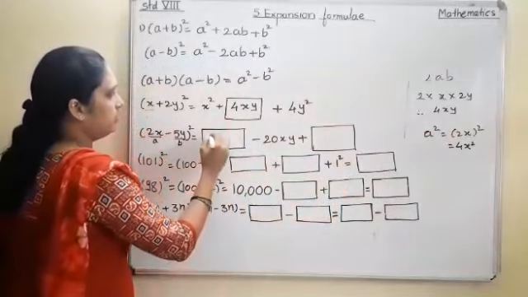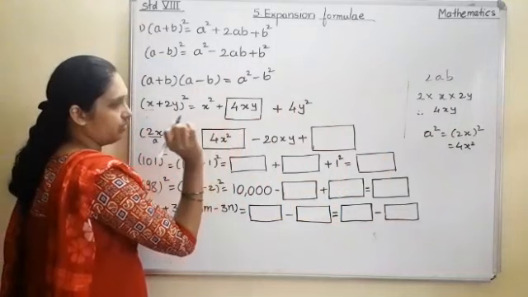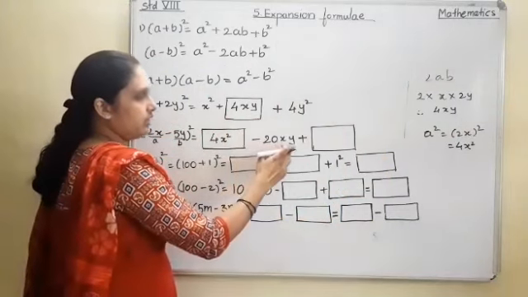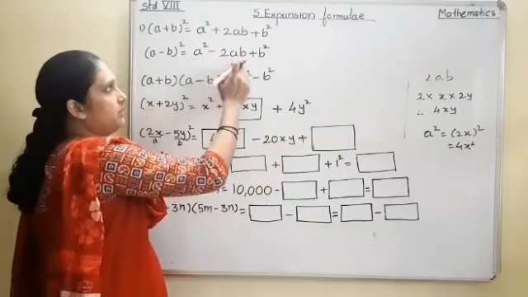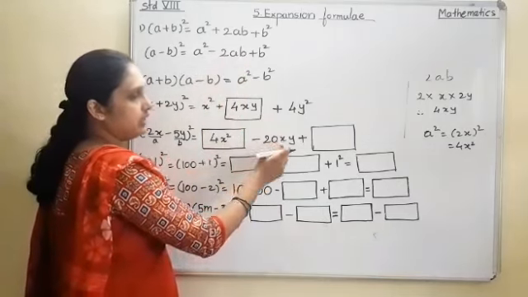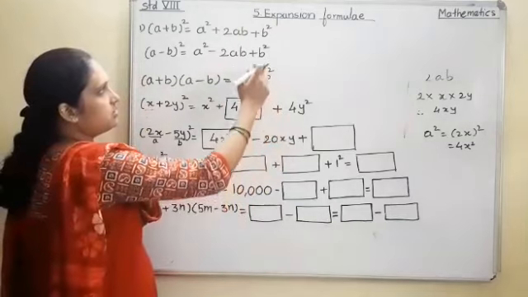So that will be your 4x square, minus 20xy, that is they have applied minus 2ab. So if you multiply this, we'll get minus 20xy, plus b square.